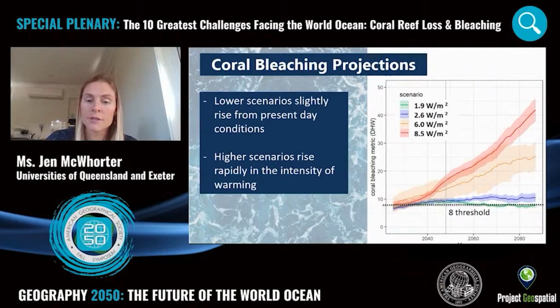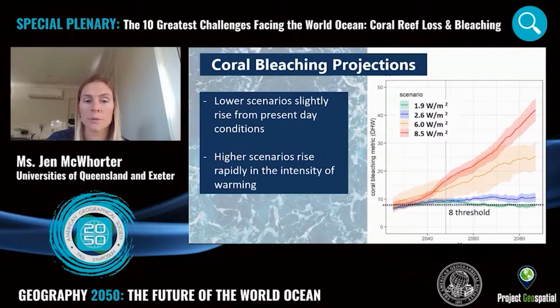The next scenario is the 6.0 watts per meter squared, and this refers to roughly 3 degrees of global average temperature warming by 2100. And this lends a pessimistic development trend described as little investment in education or health, a fast-growing population, and more inequalities.